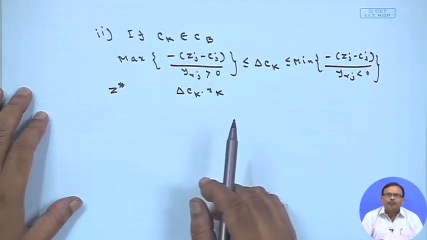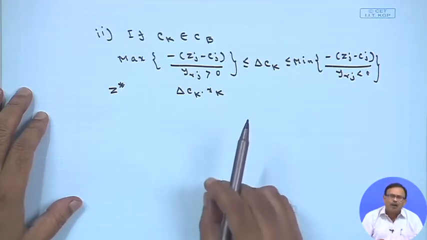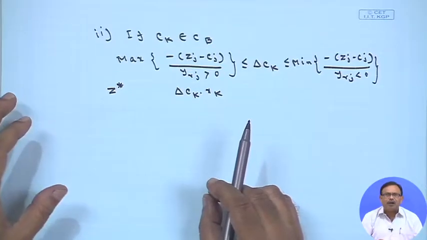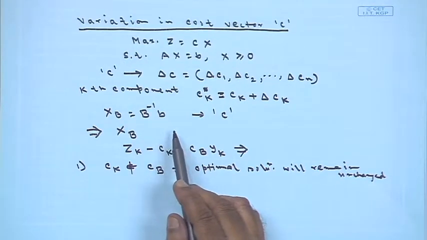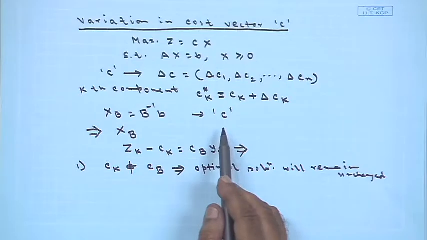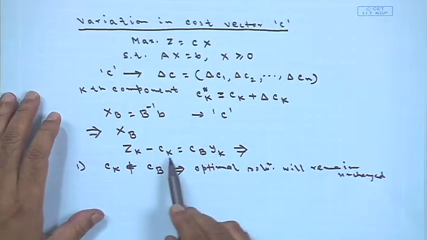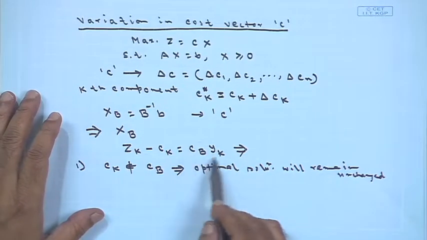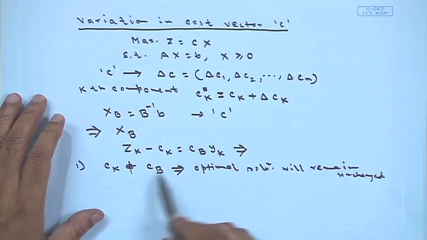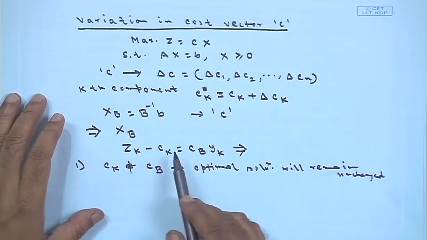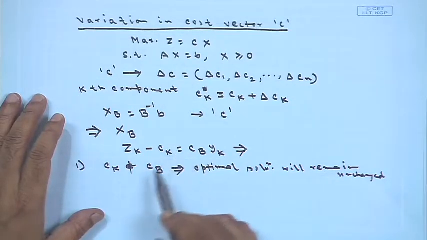So, let us start from the beginning. Whenever we have a change in the cost parameter C, since xB equals B inverse b, which is independent of C, there will be no change in the solution, although Zk minus Ck equals Cb into Yk, so the optimal solution may change.